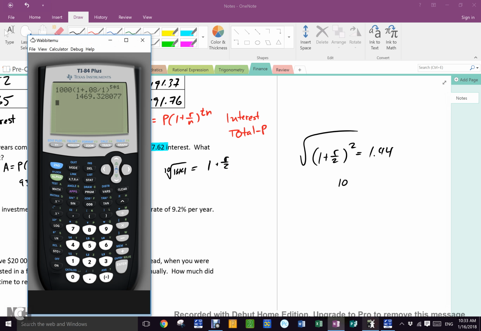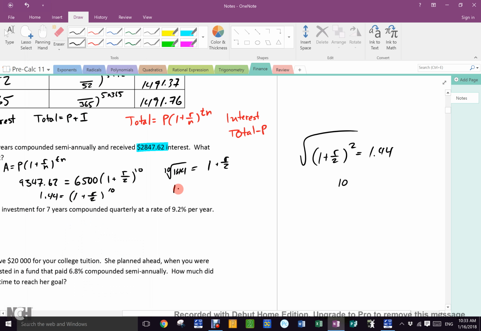Now on my calculator, I have it right here in math. There is my x root, right? So all I got to do, I want the 10th root, then I go math, 5, the 10th root of what? 1.44. And I get 1.04.